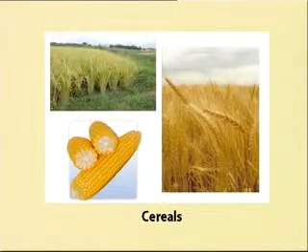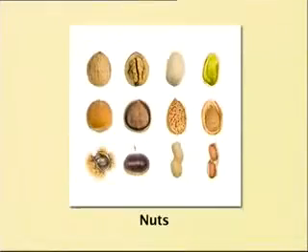Ripening occurs synchronously with seed and embryo maturation. In dry fruits like cereals and nuts, ripening consists of desiccation and is considered maturation.